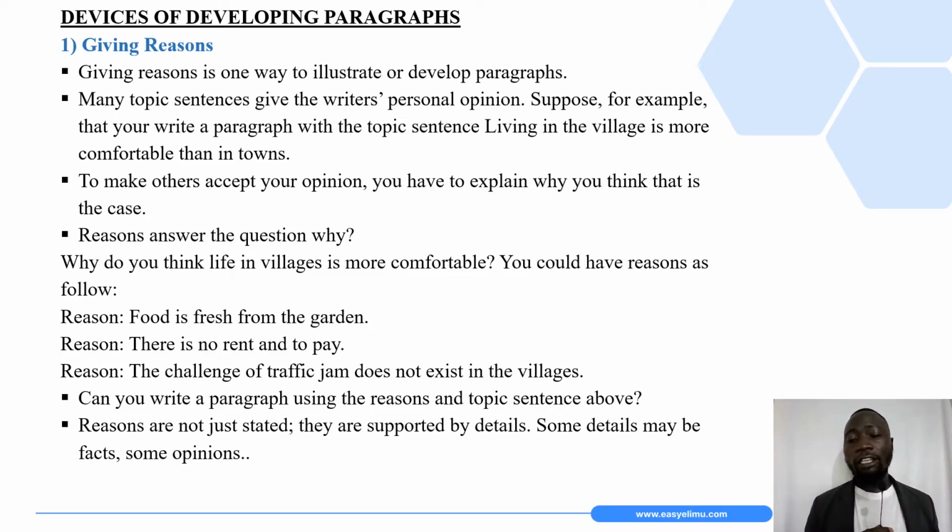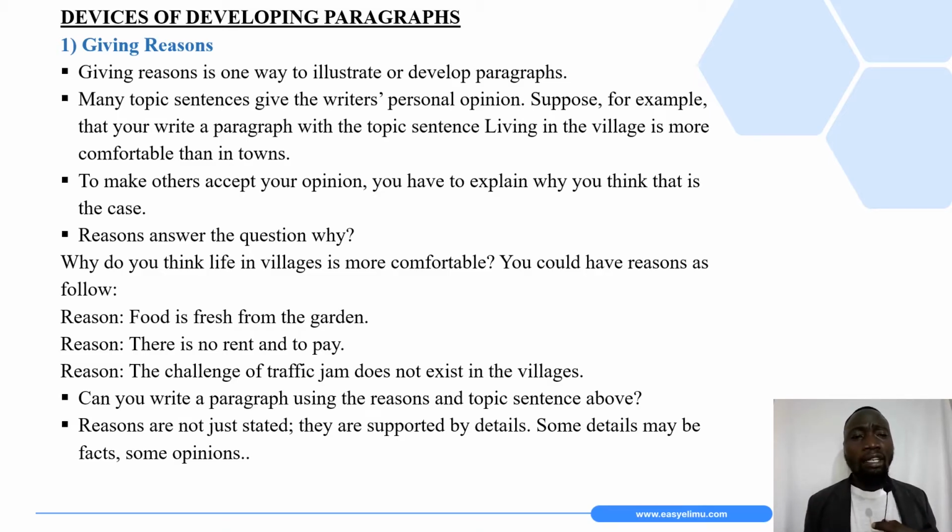Then lastly, we have what we call the clincher sentences. Clincher sentences are also called concluding sentences. These are types of sentences that we use in our paragraphs to end or to conclude our paragraph.